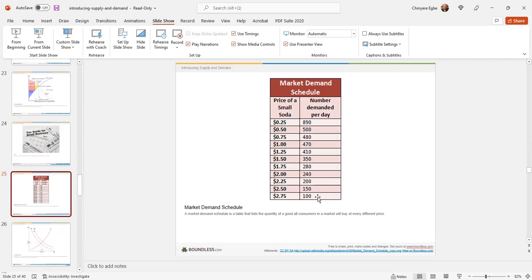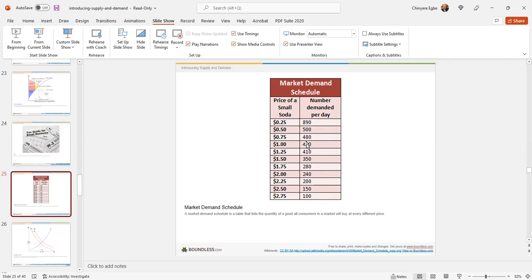And so now I use a specific terminology here, the quantity demanded. Okay, at any given price, the quantity demanded is specified. At $1.75, the quantity demanded is 280. At $1, the quantity demanded is 470.